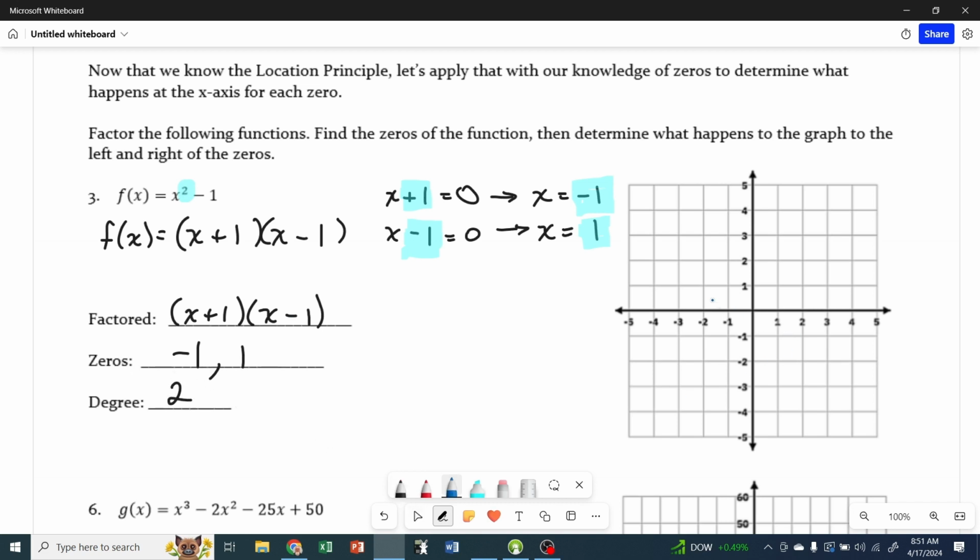So we're going to go ahead and plot these zeros. My y-intercept is negative 1, right? It's always going to be the constant value. And once we take a look here, if I plug negative 2 in, negative 2 squared is 4. 4 minus 1 is 3.